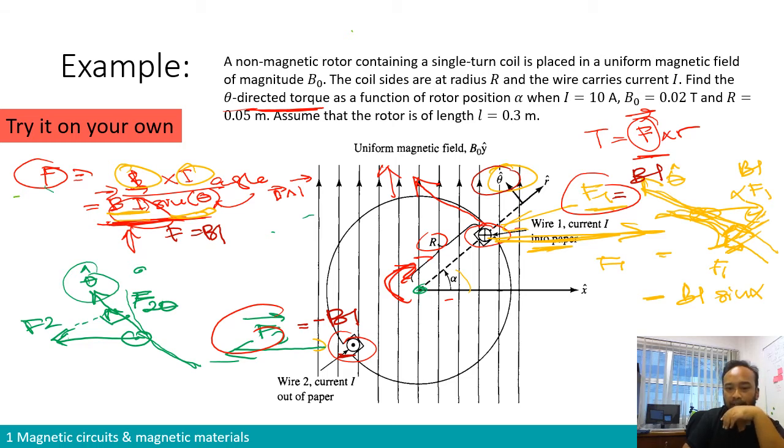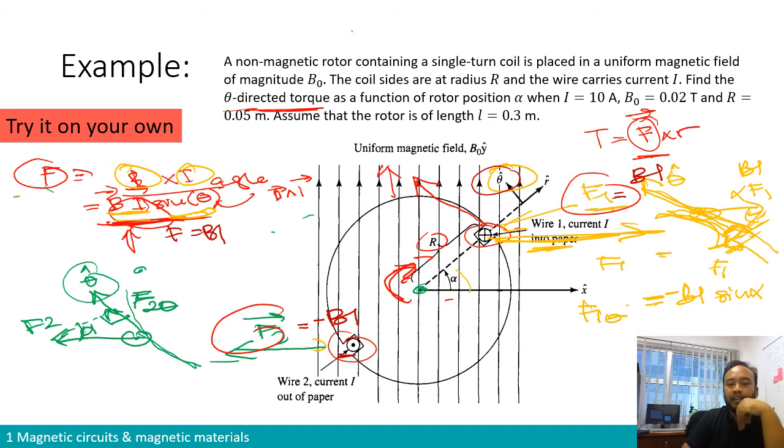The previous one, I'm sorry, here we should call F1 theta because it is on axis theta, equal to minus BI sine alpha. So in force 2, back to force 2, there is also, of course, the angle alpha over here.